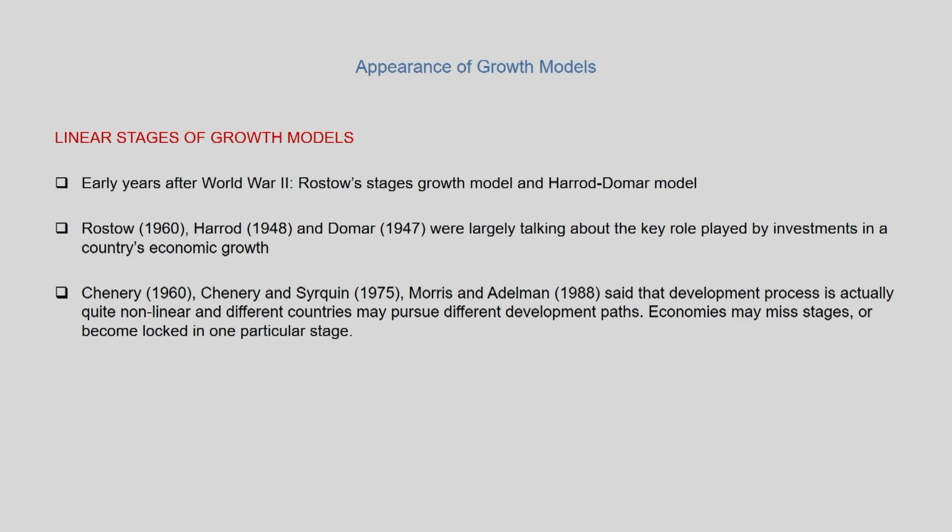Now, the theorists of the 1950s and the early 1960s viewed the process of development as a sequence of historical stages. This view was popularized by Rostow. He was building on the historical pattern of the developed countries, and he claimed that the transition from underdevelopment to development would pass through five stages: the traditional society, the preconditions for takeoff, the takeoff stage, the drive to maturity, and the age of high mass consumption that we see in the highly westernized, industrialized countries of the world.